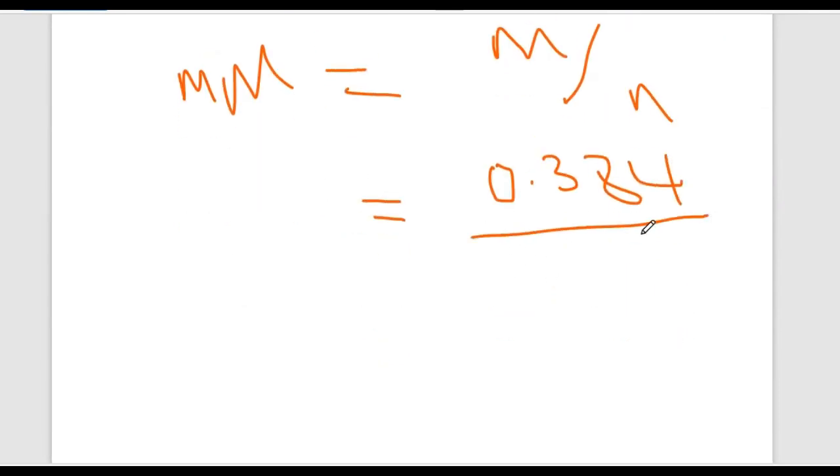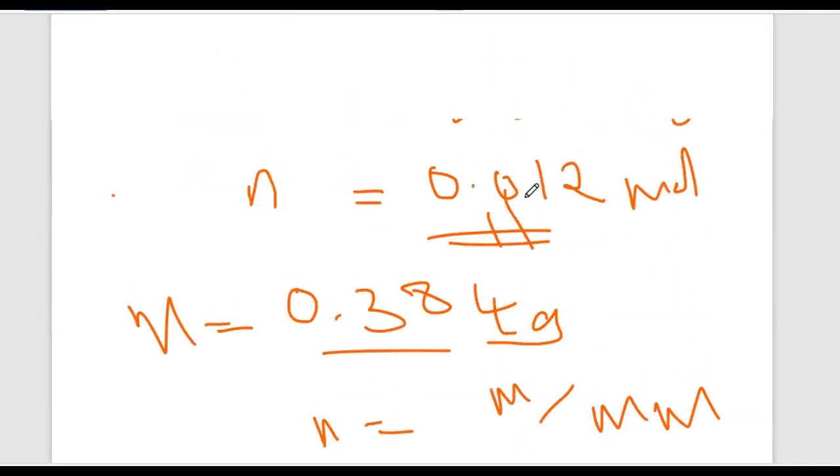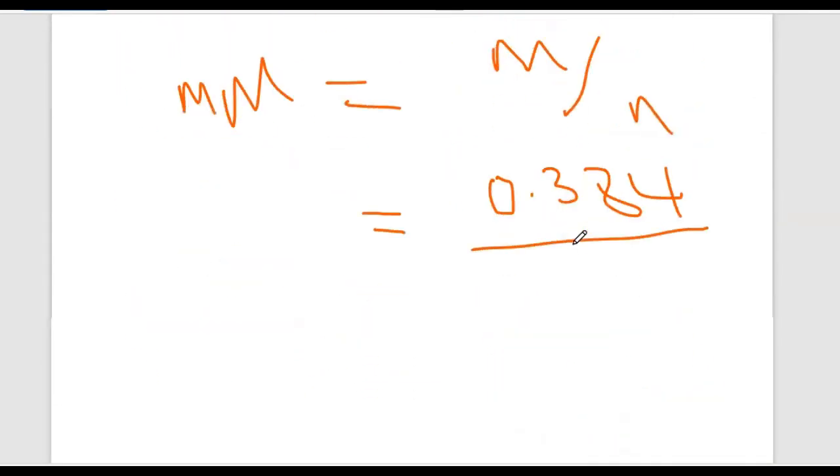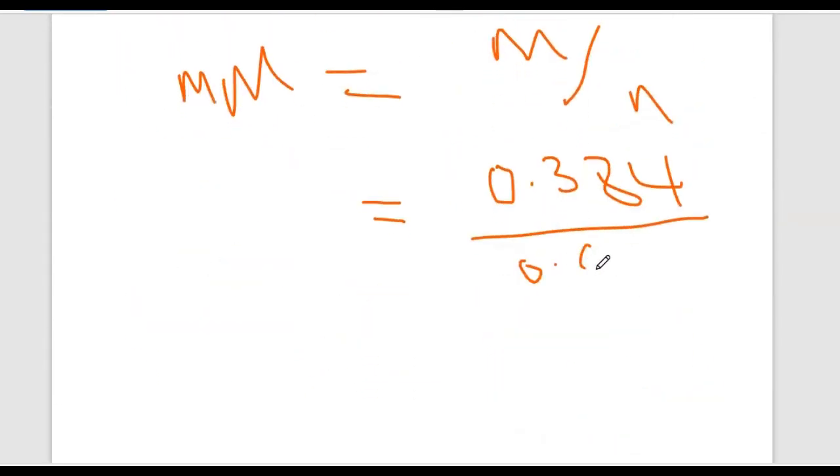And what is my number of moles? 0.012. So when I divide 0.384 by 0.012, I'm getting 32 as my molar mass, so grams per mole.